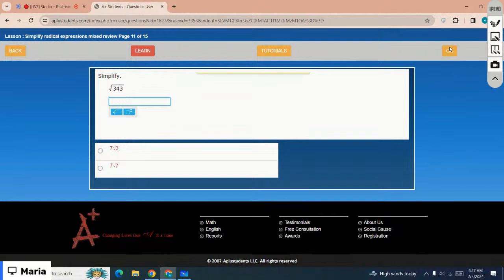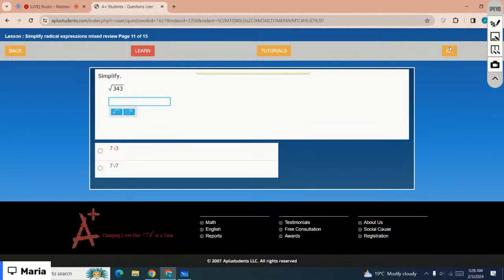Okay, the next one is square root 343. So which is the correct option? Which option is the correct one? That is the second one, 7 square root 7, right?